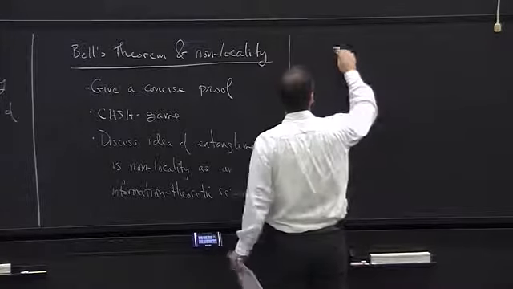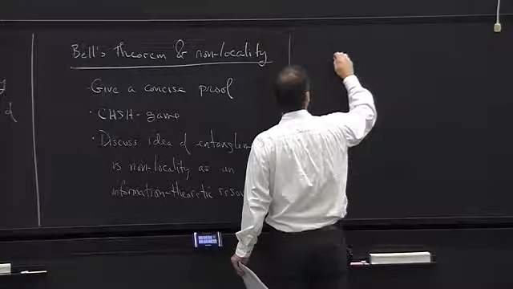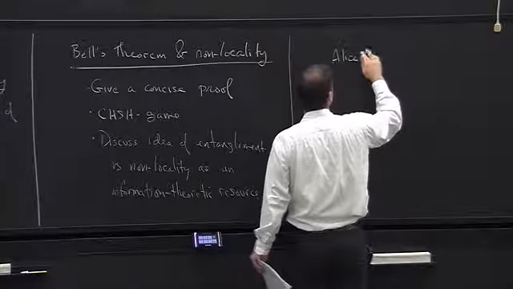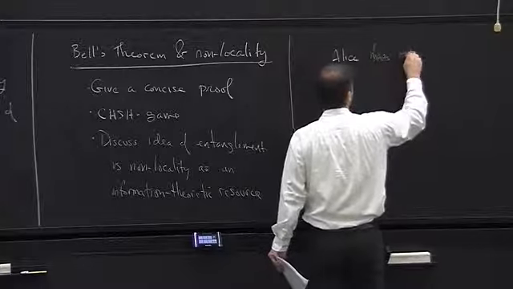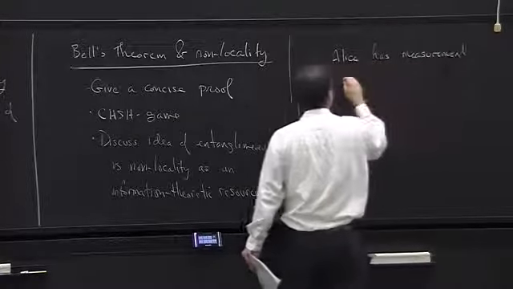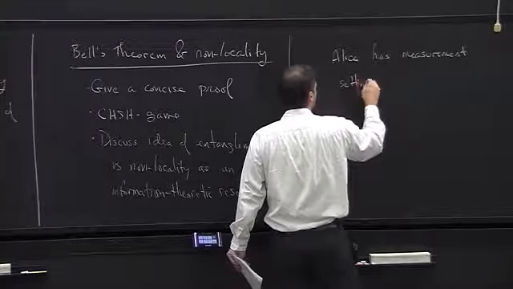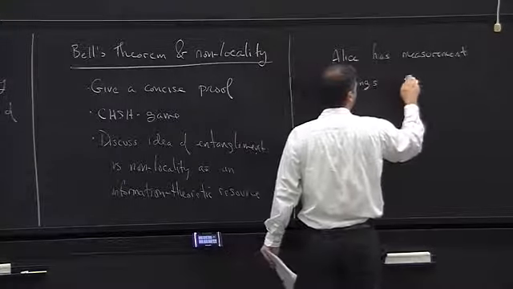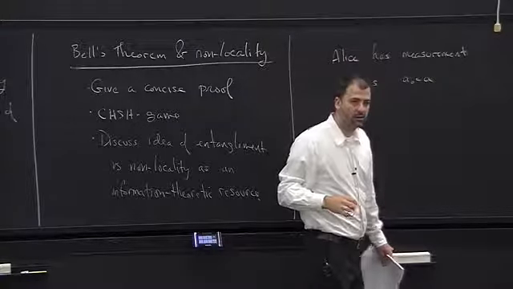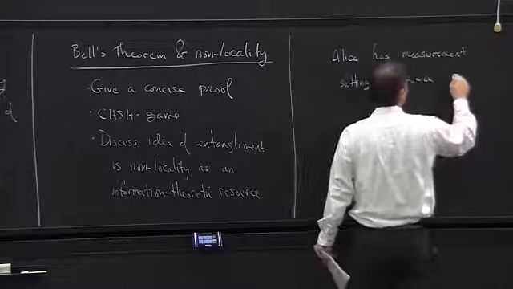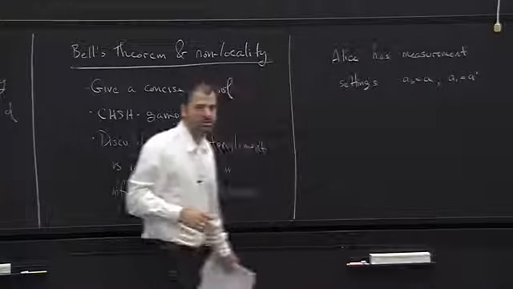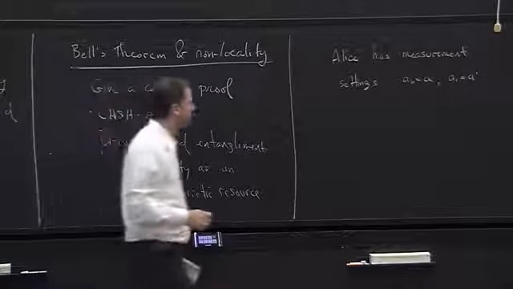So we're just going to refer to Alice and Bob. Alice has measurement settings A0, which we were calling A in our previous lecture, and A1, which we were calling A prime. This is just so I can have a more concise notation.